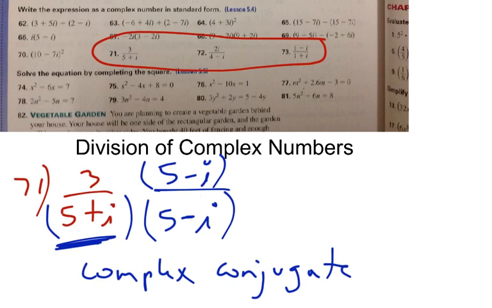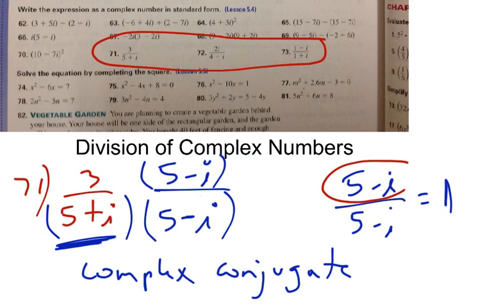Why? Because 5 minus i over 5 minus i is equal to 1. Anything divided by the same thing is going to be equal to 1. So technically here I'm multiplying by 1, which means I'm not changing the expression. Okay? Let me erase all these things.